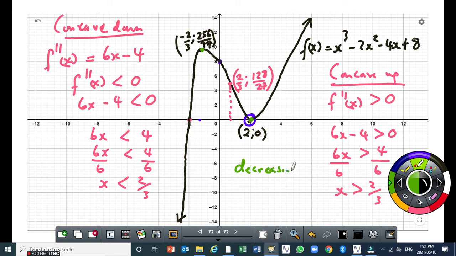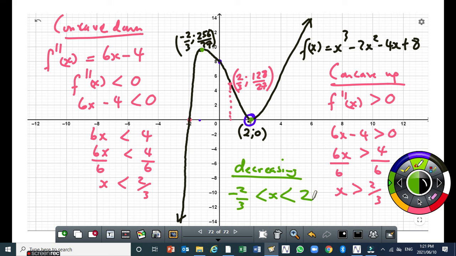The graph is decreasing between what values? The value of x at the first turning point is minus 2 over 3. It is less than x, which is less than the value of x there, which is 2. That would be your answer there. It is decreasing between minus 2 over 3 and positive 2. What is the question for that one?